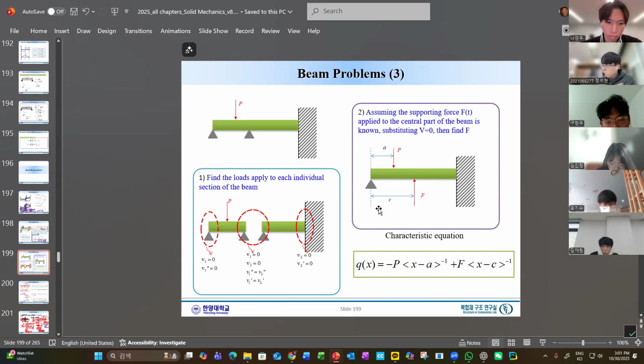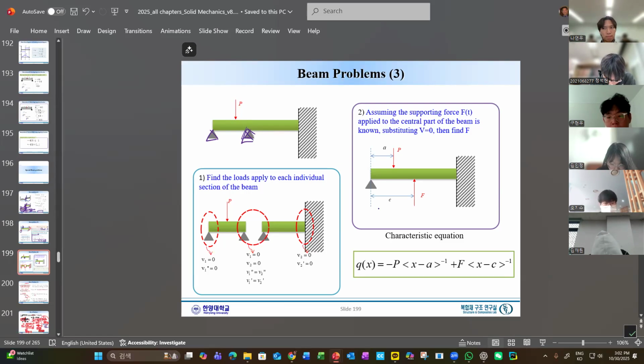Well, we can solve it differently, but this is another problem. We have one boundary and another boundary. We cannot say boundary, but there is another support in the middle of the beam. This is a little different from what we learned, but it's not a big problem.